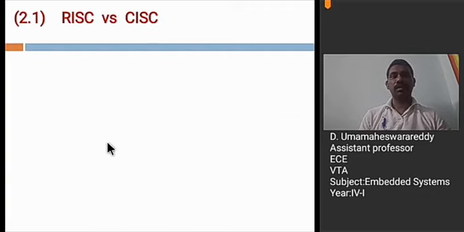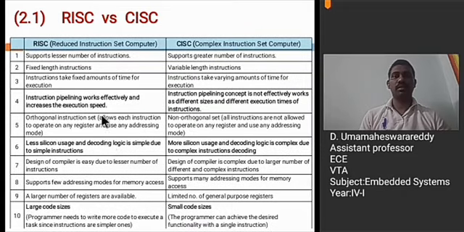The first topic is the difference between RISC and CISC. RISC means reduced instruction set computer. CISC means complex instruction set computer. And coming to the difference between RISC and CISC, see the first point.